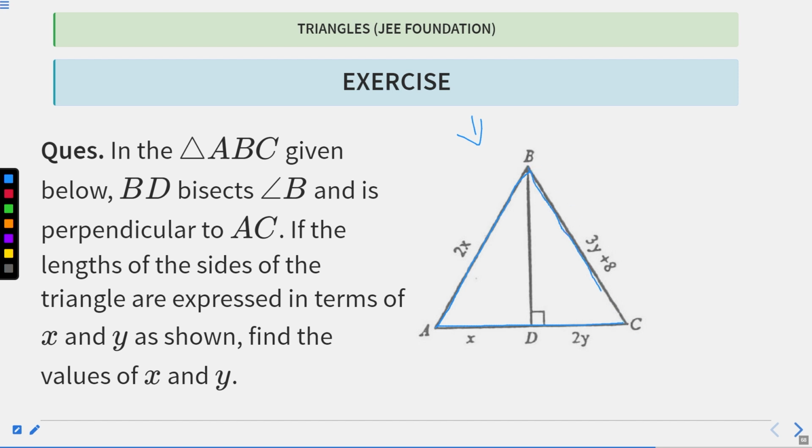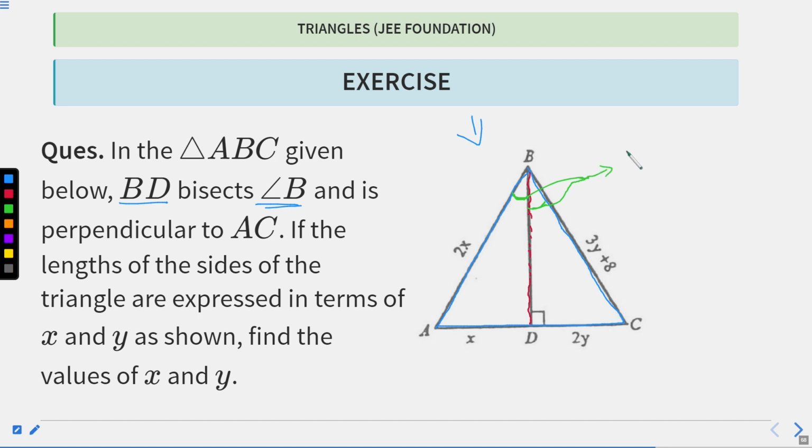Now if you see, BD bisects angle B. So this line segment in red, BD, bisects angle B. This means this angle and this angle must be equal in measure.